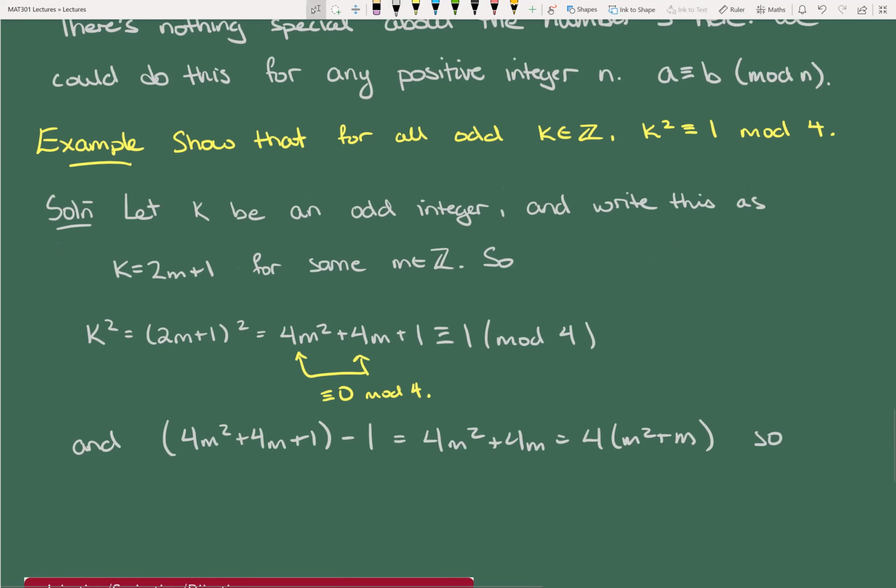Right? And that's what you wanted to show. So 4m squared plus 4m plus 1 is congruent to 1 mod 4, like that. Okay, any questions?